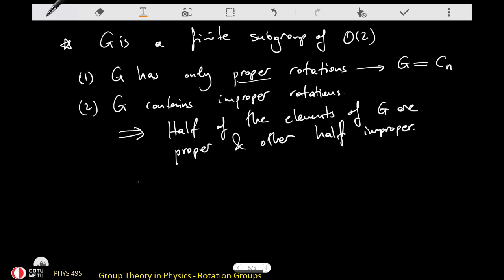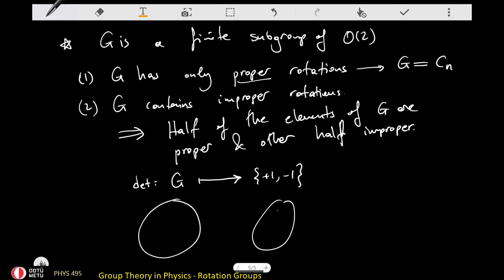If you think of it as a formal proof, you just think about this homomorphism, which is basically the determinant from the group to the numbers +1 and -1. So this basically attaches these numbers +1 and -1 to the group elements. But in any case, the kernel of that homomorphism, the kernel of the determinant, is the set of rotations in the group which are proper.